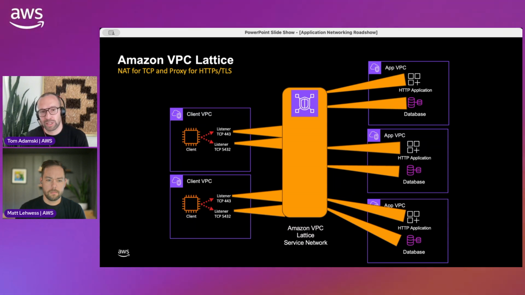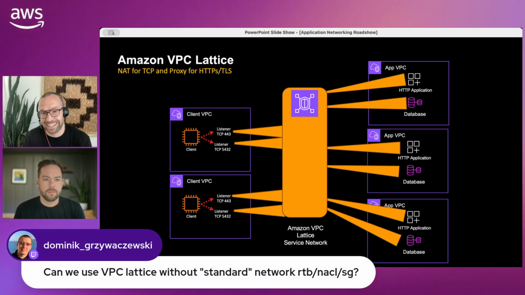So even if you have traditional connectivity established, it still makes sense to look at VPC Lattice for those use cases. If you're going greenfield, then it's a bigger decision, right? Which direction you want to go, and then it could be either or a little bit of both. But if you're brownfield, already established with Transit Gateway, it will definitely be an and. So you will be using both in parallel.